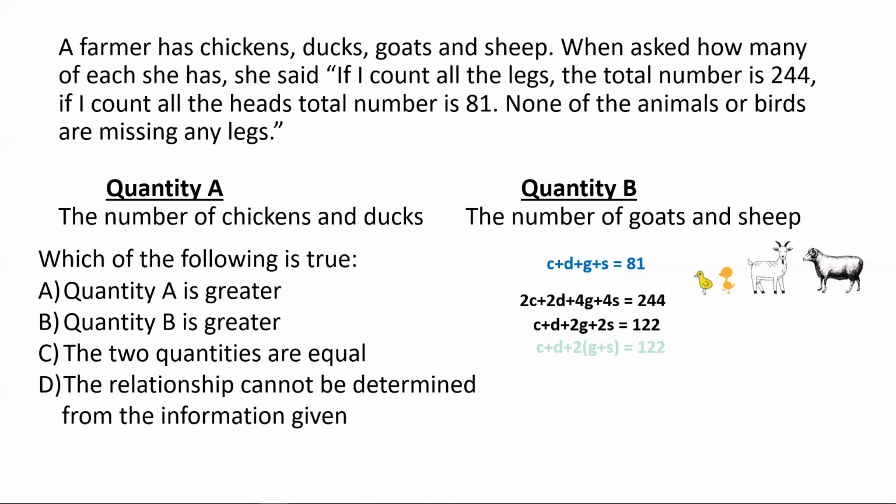And then we do a little grouping. We can take that 2 out as common, and within parentheses we have G plus S. So it's C plus D plus 2 times G plus S is equal to 122.